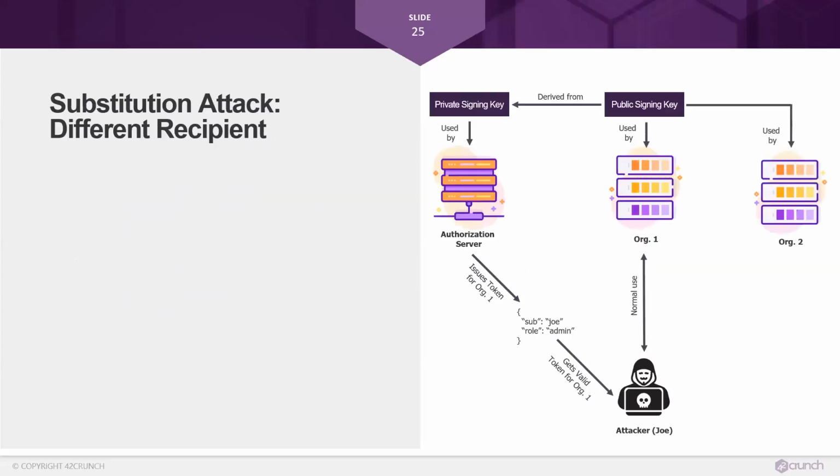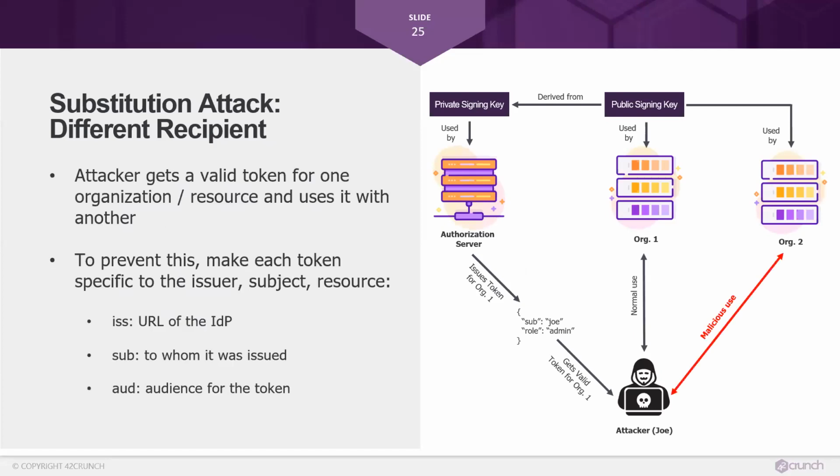Okay, this one is a different one. Substitution attack. This is a problem which leads to a bunch of reflection in the OAuth and OpenID Connect community at the moment. The problem is that an attacker can get a valid token for one organization's resource because he owns it.